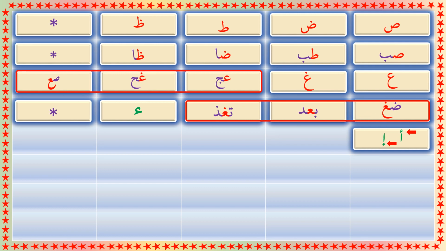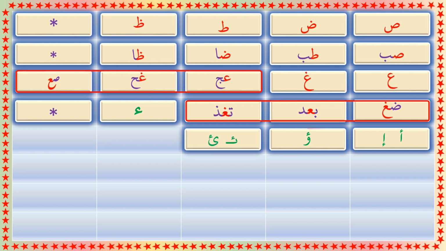So if Hamza is on the top, its sound is A or U, and if it is bottom, then its sound is E. And if alif is in the middle and that has sukoon, then we will pull it. Waw Hamza, Ya Hamza, and these are the types of Hamza.